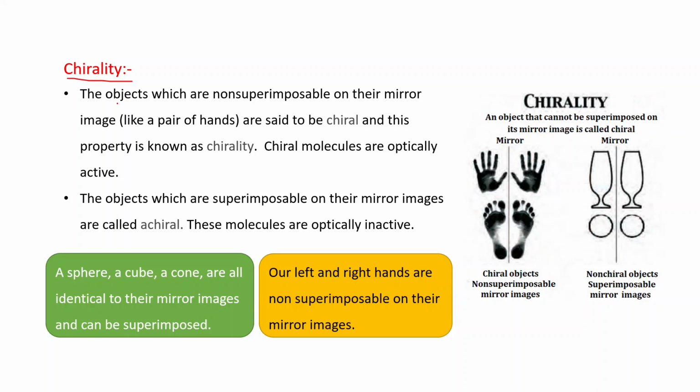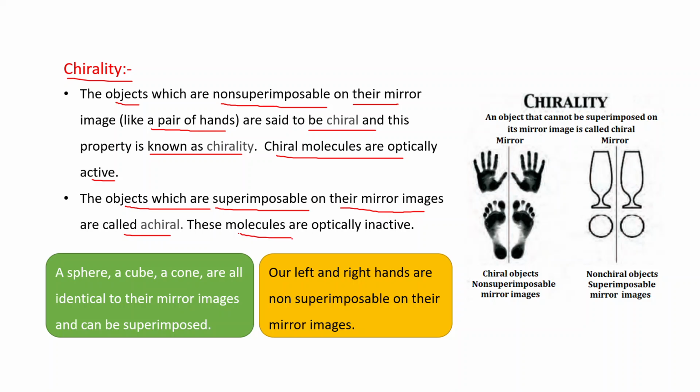Chirality. Objects which are non-superimposable on their mirror image, like a pair of hands, are said to be chiral, and this property is known as chirality. Chiral molecules are optically active. Objects which are superimposable on their mirror images are called achiral, and these molecules are optically inactive.